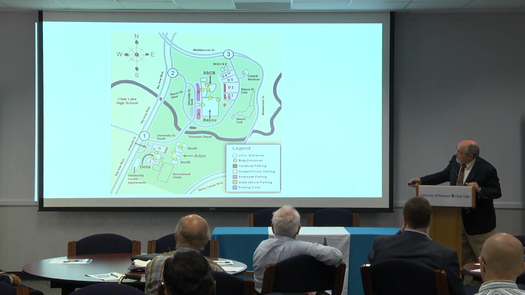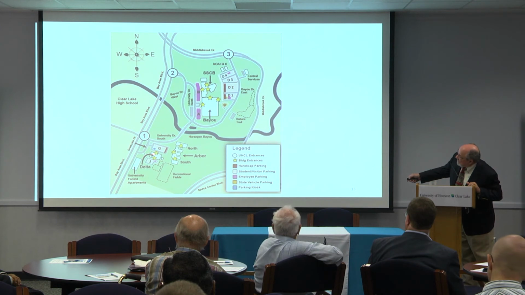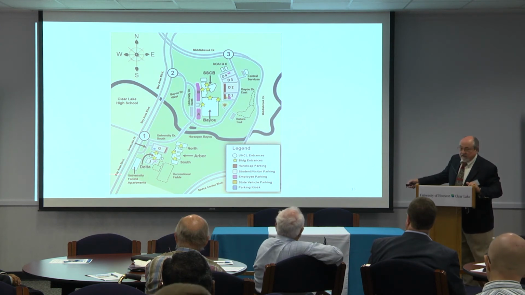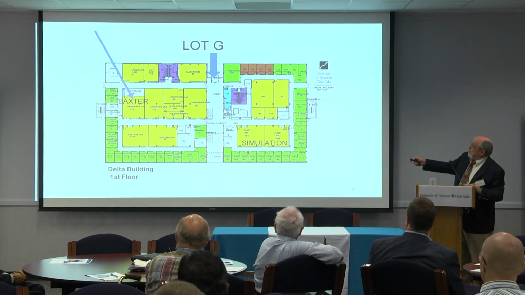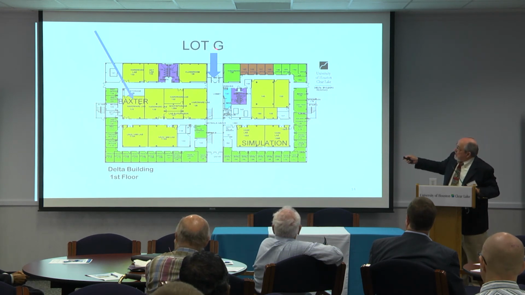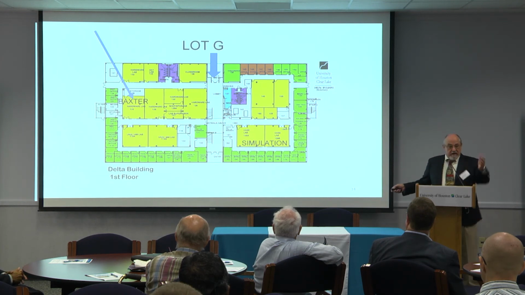This is the Delta building. This is the University Forest Apartments. Don't go in there. Here's the Delta building. You're parked out here in lot G. You'll walk through this door. There'll be some signs there. And Baxter, you would walk in and turn right.